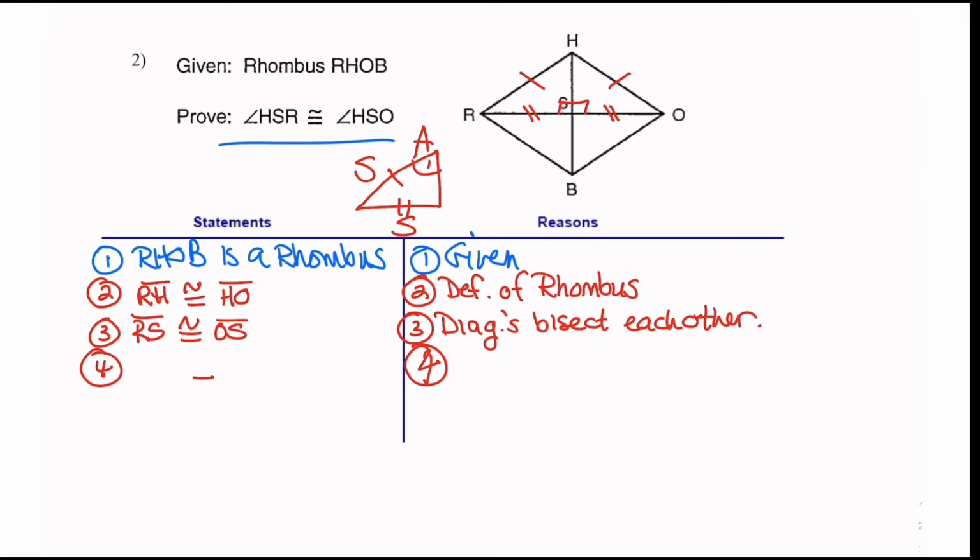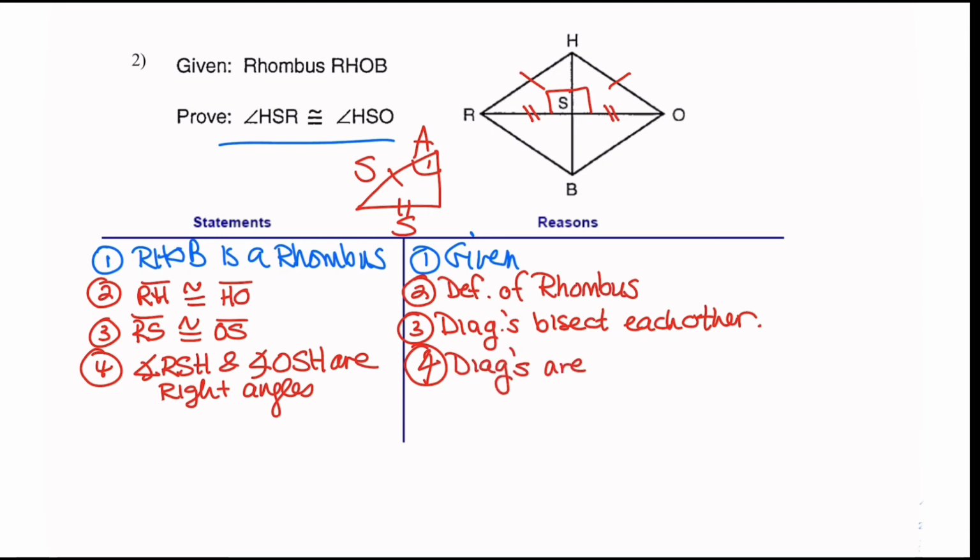So we have that angle RSH and angle OSH are right angles because diagonals in a rhombus are perpendicular.